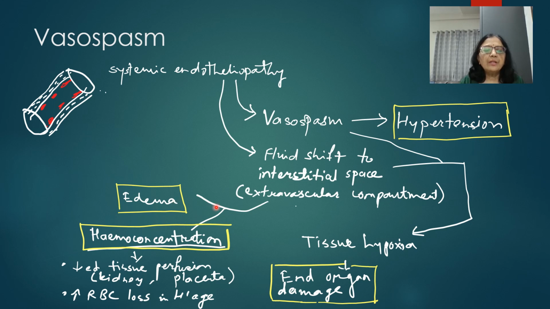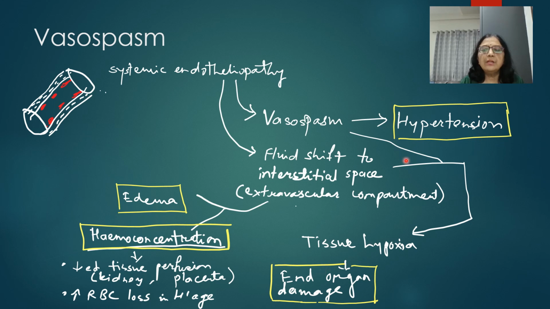With the tissue edema, another effect of this shift of fluid from intravascular to the extravascular compartment is there is a hemoconcentration. Blood which is flowing through the vessels is concentrated. This hemoconcentration itself reduces the tissue perfusion, which affects the kidney function and placental function. And whenever a patient bleeds, even a normal delivery with a normal blood loss, what we should remember is she is losing more RBCs because it is the blood which is having a hemoconcentration.